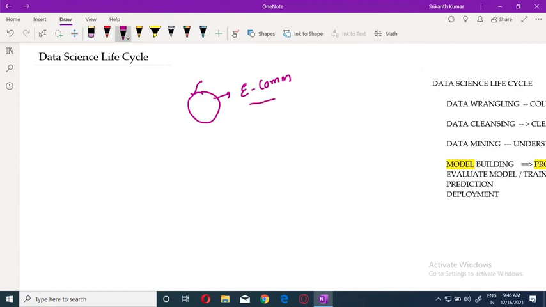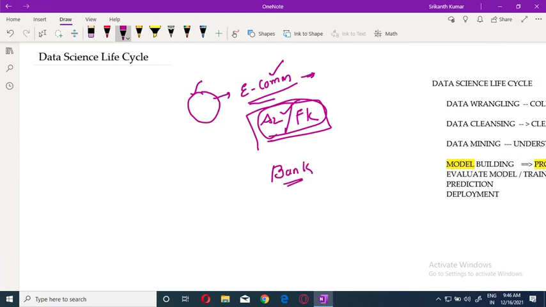The major competitors are Amazon and Flipkart, the two very famous ones. So when we are building an e-commerce application, definitely we have to get the data from these people only. It doesn't make sense to say I have data from a bank and want to use the bank data here. That will not be possible. It is a waste, because you have to deal with the relevant data.